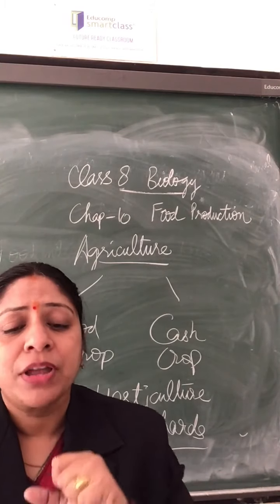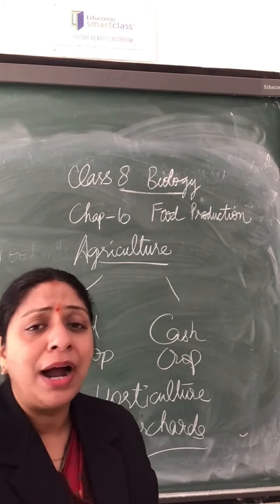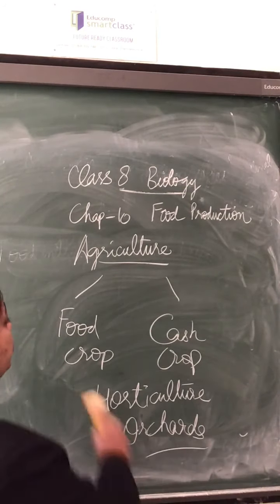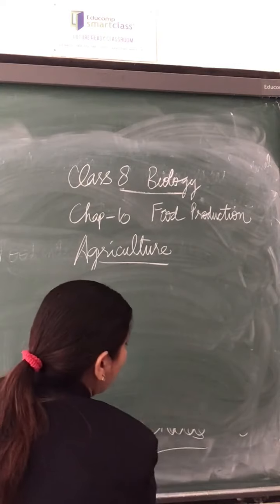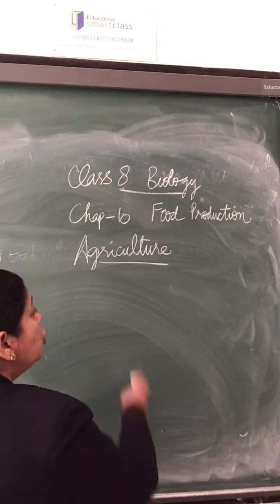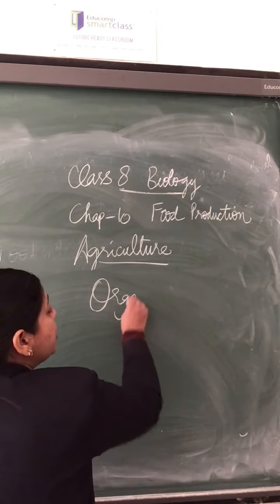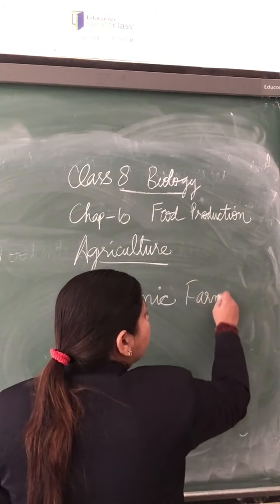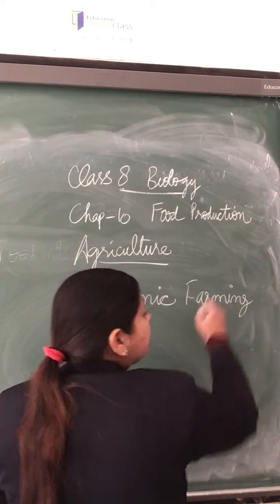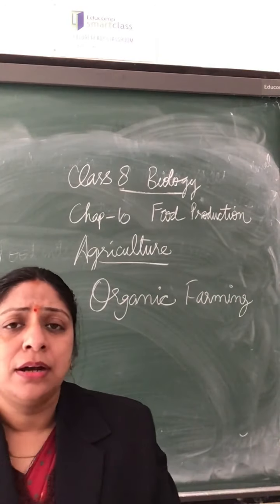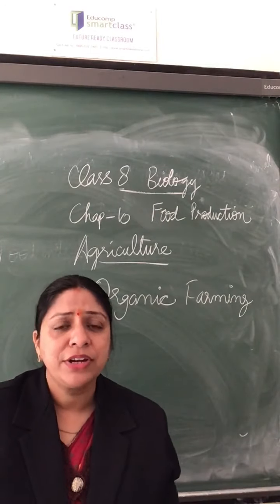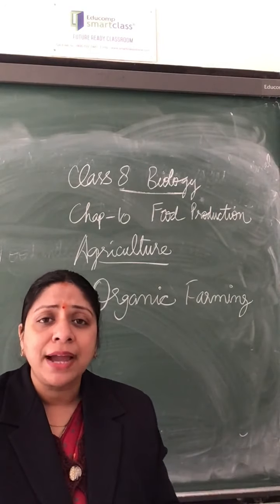Okay. Then we now come to studying a term which is called organic farming. So far we have learned that whenever farming is done, the farmer should use some chemicals in the field so that the minerals in the soil could be increased. Even pest attacks could be prevented.